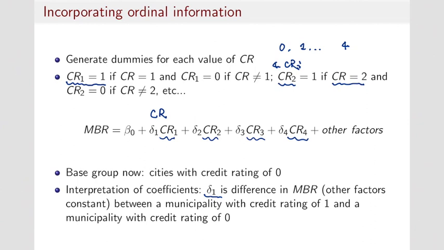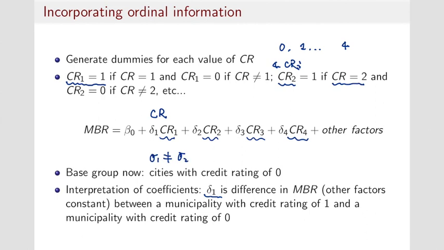The parameter delta 1 is the difference in the bond interest rate between a city with a credit rating of 1 and a city with a credit rating of 0, when holding all other factors fixed. Similarly, the parameter delta 2 measures the difference in the bond interest rate between a city with credit rating 2 and the control group of cities with a credit rating of 0.